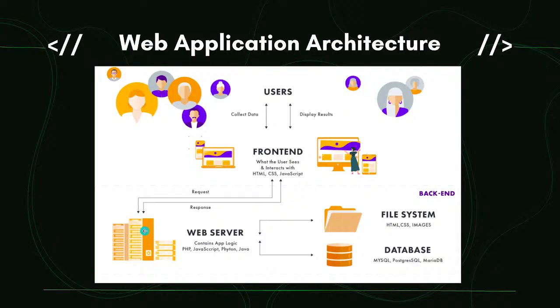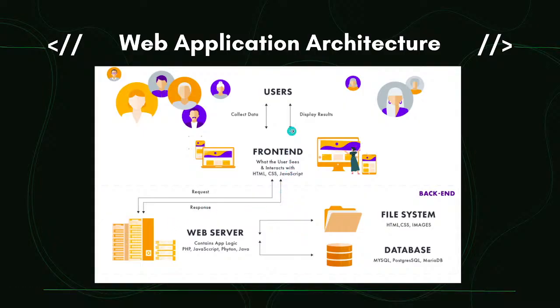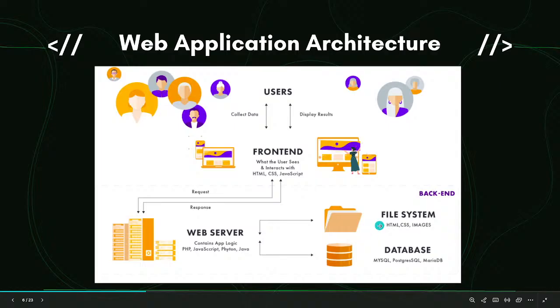If you request anything from the server, it goes to the file system and database, synchronizes with them, and accordingly sends back the response, which is displayed in your browser and which you can see easily. So the users and front end are controlled by you, while the backend system consists of the web server, file system and database.